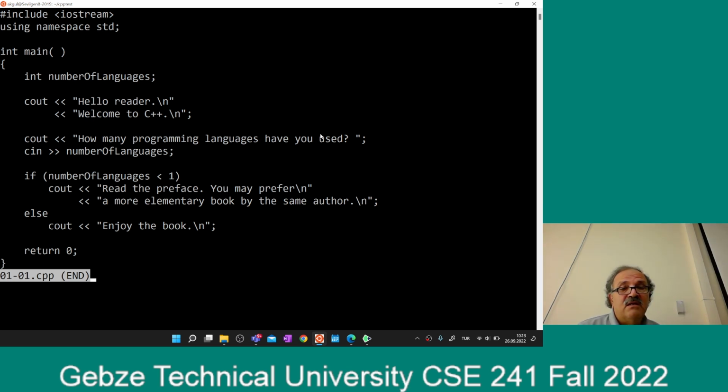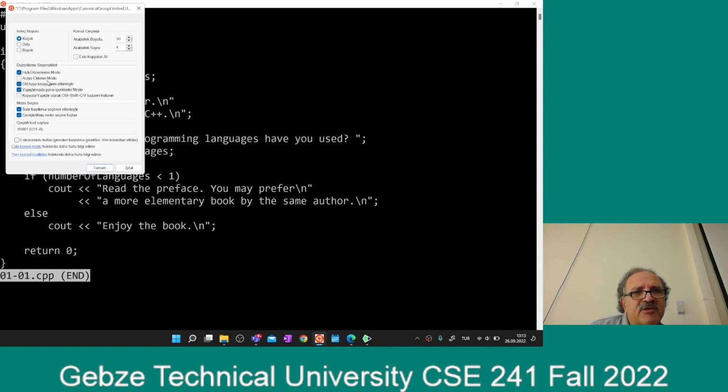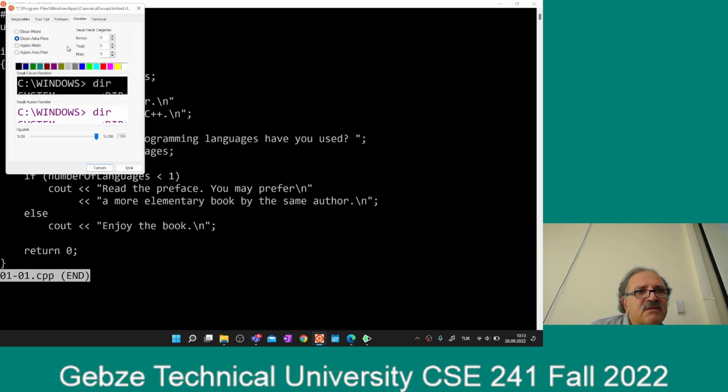Can you see it? How can I make this better? Is it the color or is it something else? Maybe the background should be white and the foreground should be black.